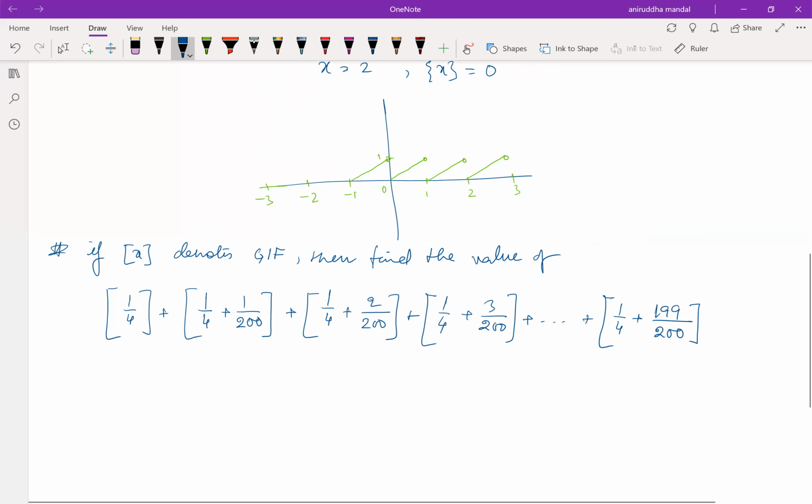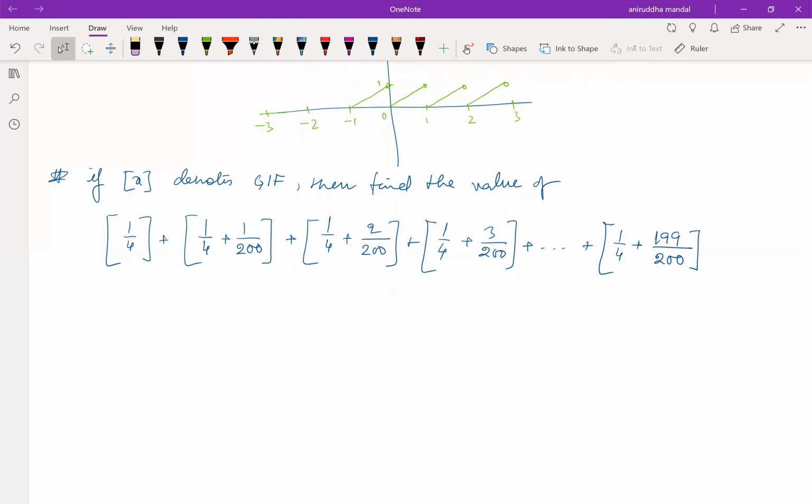So what we can do is, first value is 1/4, second value is 51/200, next is 52/200, third is 53/200, and so on.